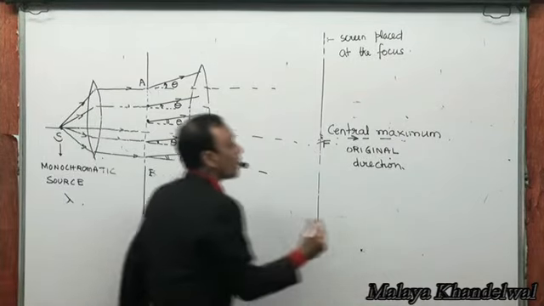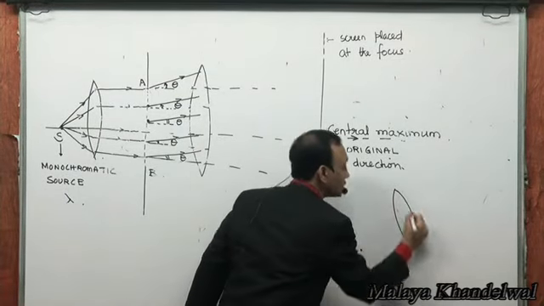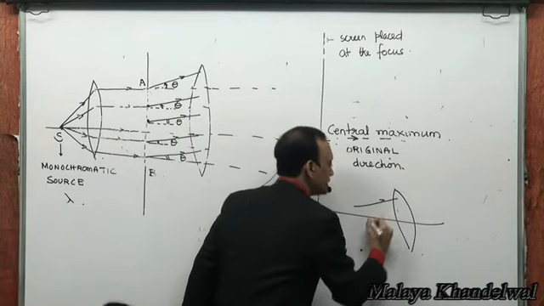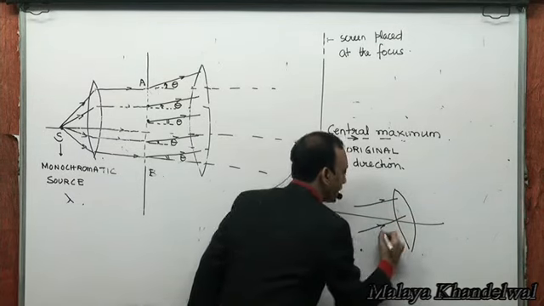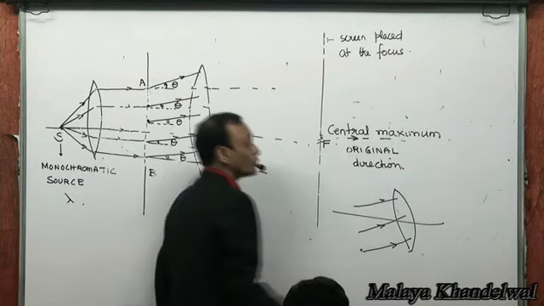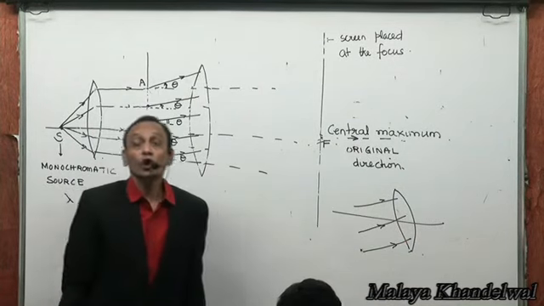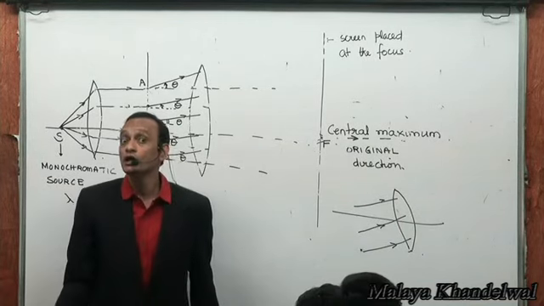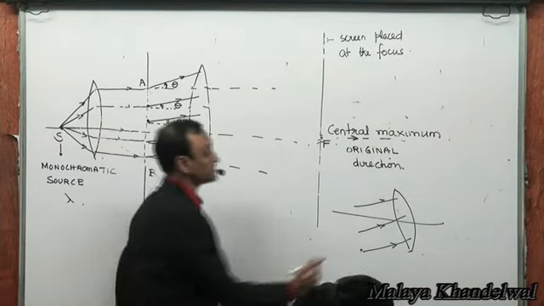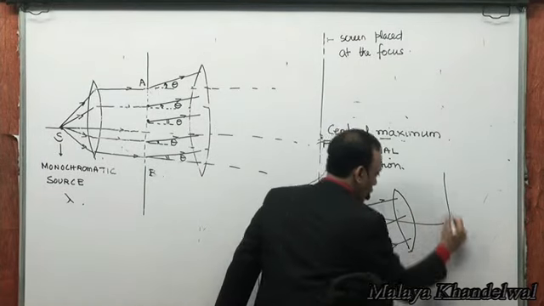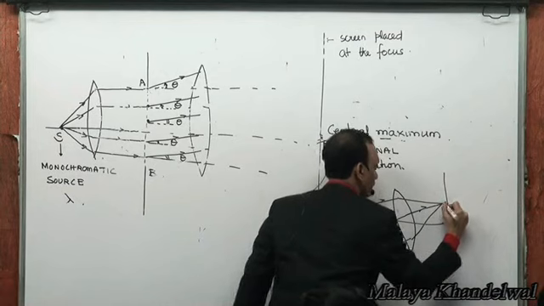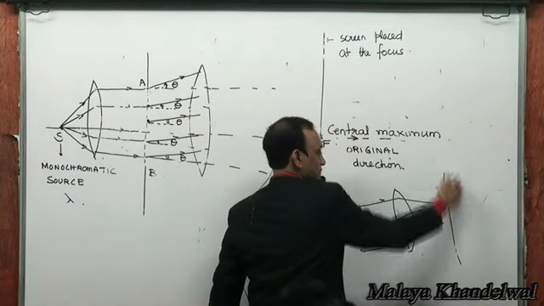So if there is a parallel beam incident on a lens, then this beam will not get focused on the focus of the lens, but on the focal plane of the lens.